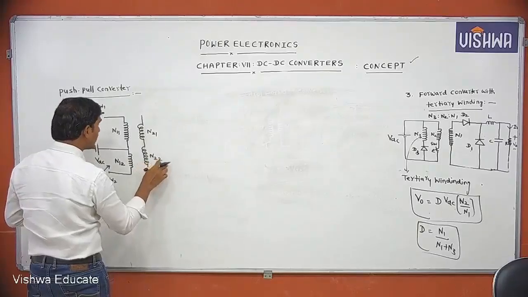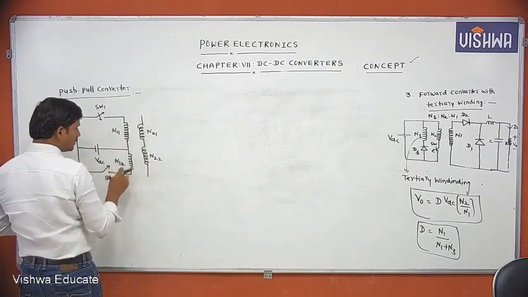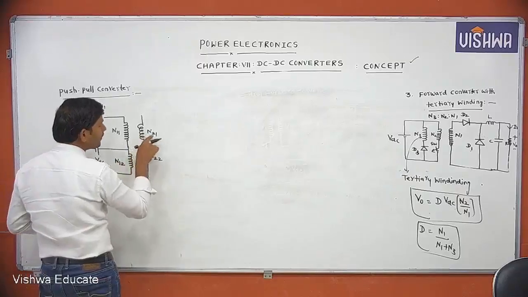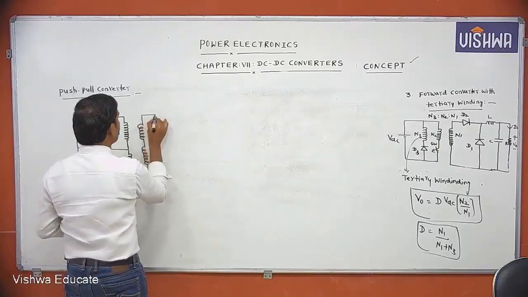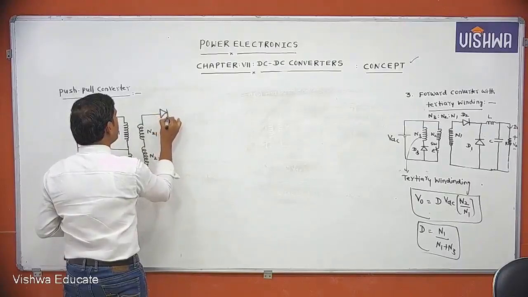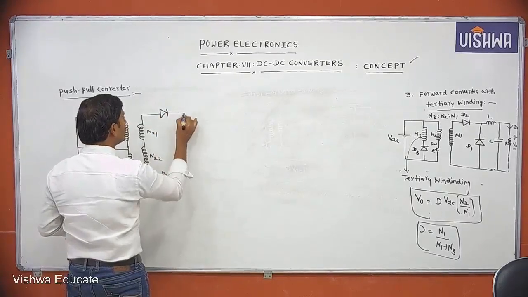Number of turns in the secondary winding, number of turns in the primary winding, like this. First winding, second winding. Secondary first winding, secondary second winding. Okay. This D1 diode, this D2 diode.